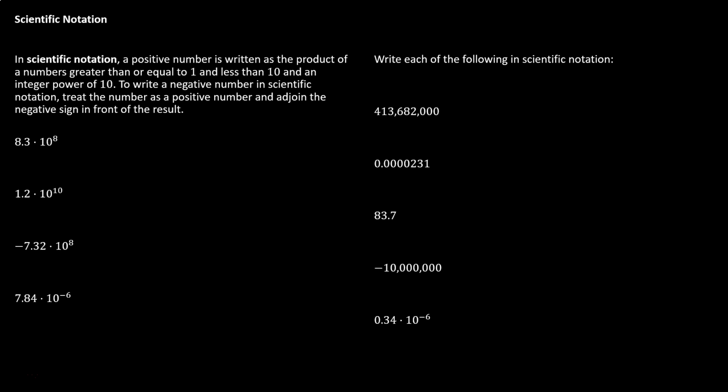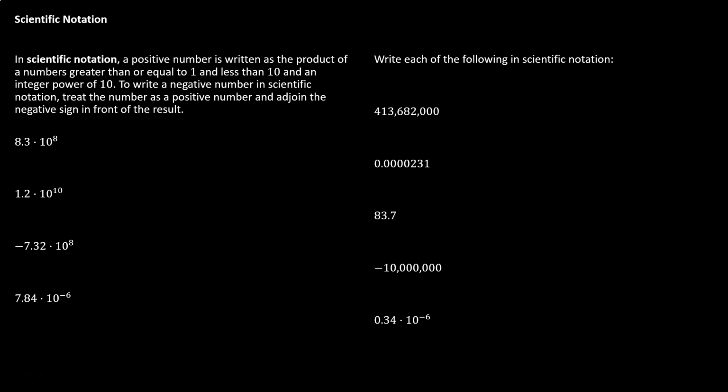Now, this is a perfect time to talk about something called scientific notation. In science, you often deal with very large numbers and very small numbers. And at some point in time, our calculators couldn't handle these large numbers. And even that's true now. We have numbers that are so large that our typical handheld calculators cannot display all of the digits.